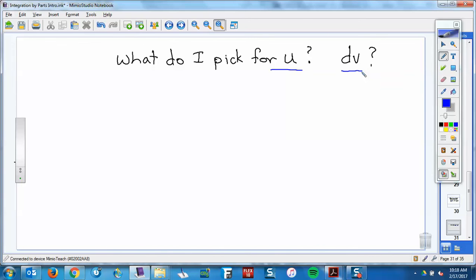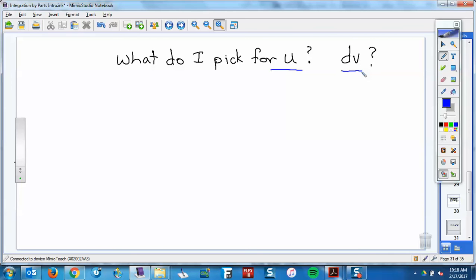The more important consideration is, what are we going to do with the part that's dv? We're going to do the antiderivative. Some stuff is really easy to do the antiderivative of. e to the x, really easy. Sine, really easy.